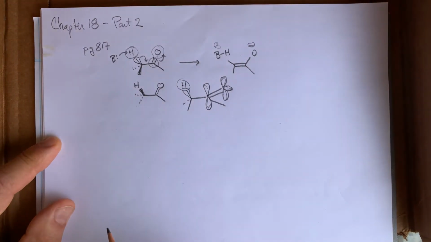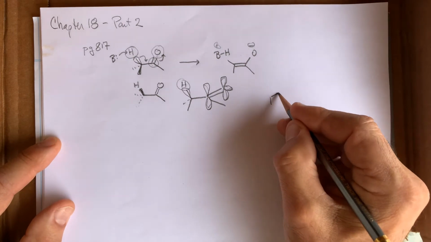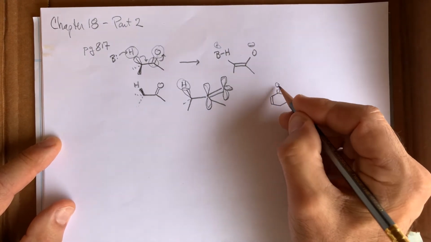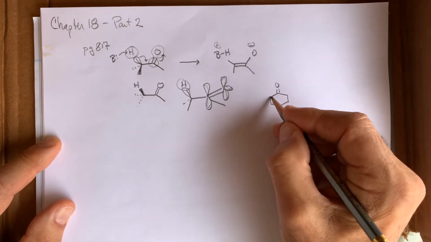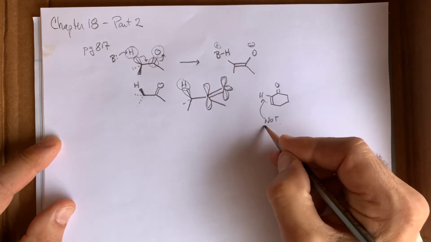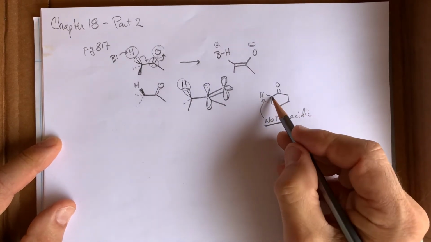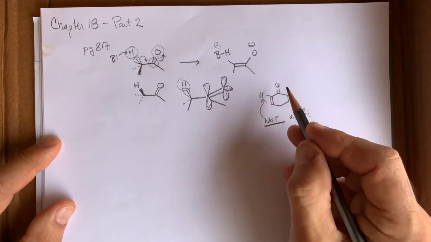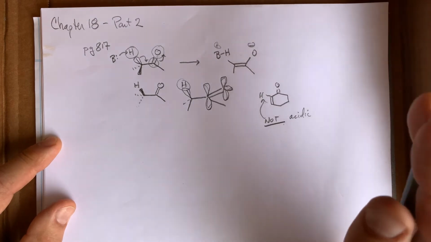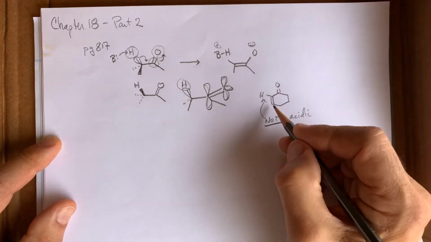This is why, if you have cyclohexenone, which is pretty planar, the vinyl proton next to the carbonyl is not acidic. You cannot pull that proton off with base. It doesn't matter how strong the base is.